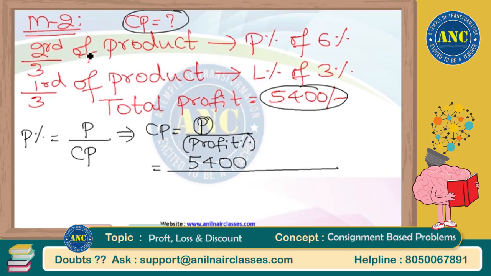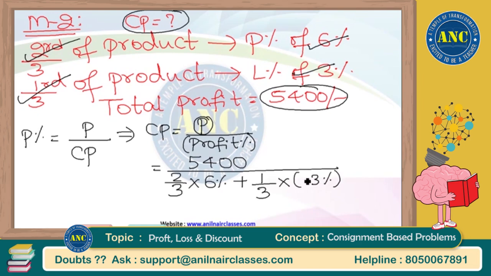It is given in two parts. 2/3 is sold at 6% profit, so it is 2/3 into 6%. And remaining 1/3 is sold at 3% loss, so it is 1/3 into 3% loss. Loss means put a negative sign. If I simplify this further, 3 into 1, 3 into 2, 3 into 1, 3 into 1.